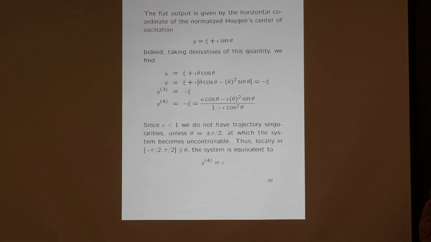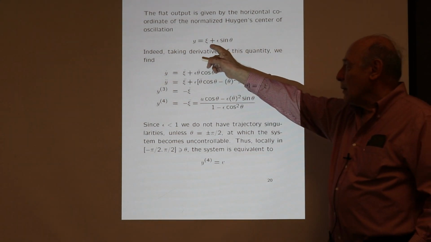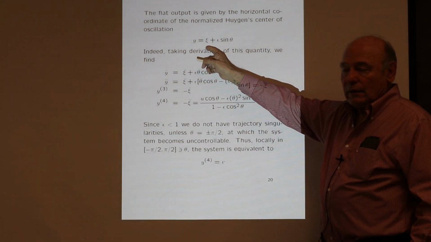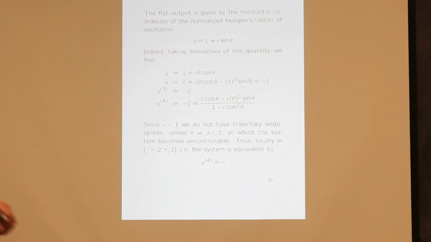And that's the horizontal coordinate of the center of oscillation. It's called the Huygens center of oscillation. It's an immaterial point located beyond the center of mass of the big mass, and it's a projection of the pendulum position on the horizontal axis.